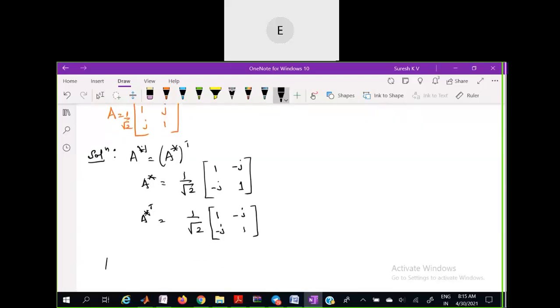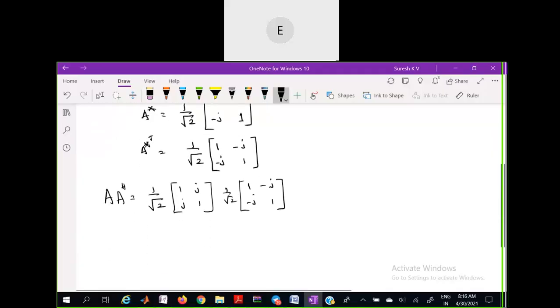Now I have to multiply A with A Hermitian. So 1 by root 2 into [1 j; j 1] into 1 by root 2 into [1 minus j; minus j 1]. 1 by root 2 into 1 by root 2 is 1 by 2.